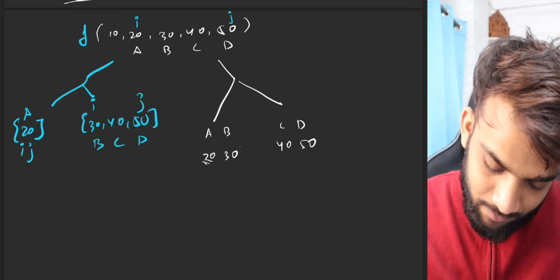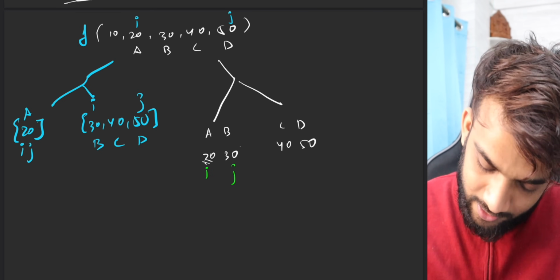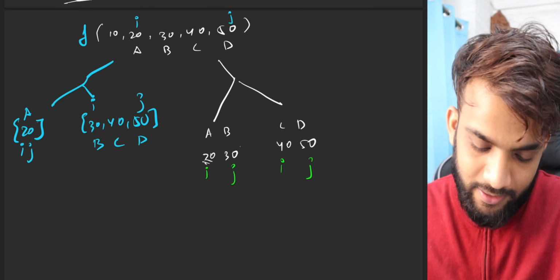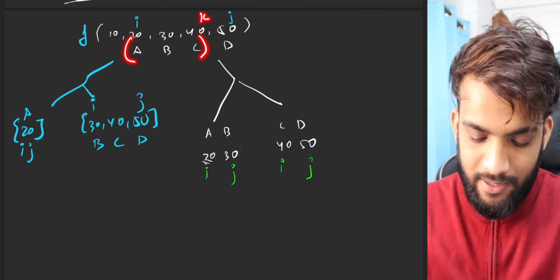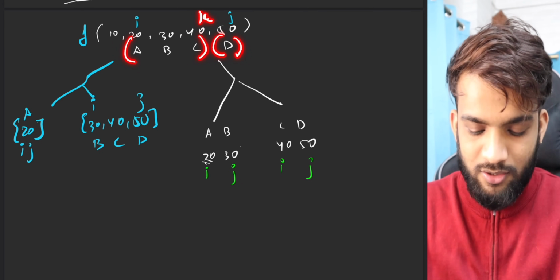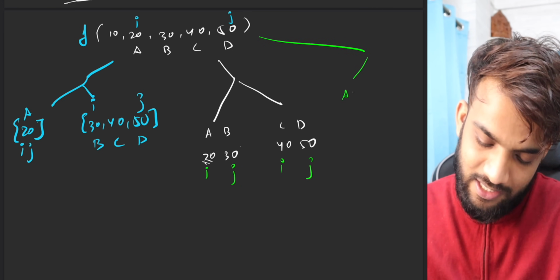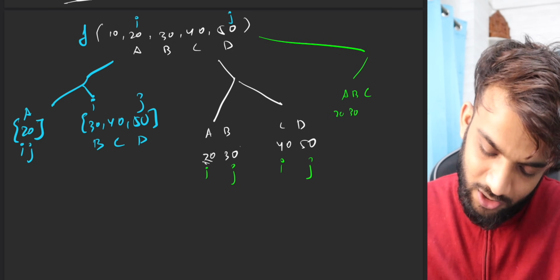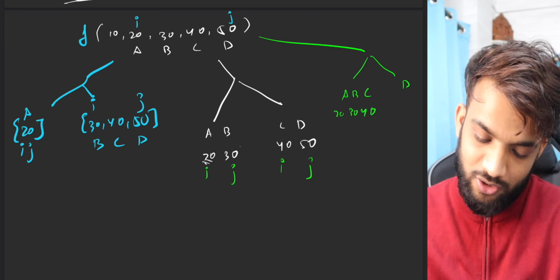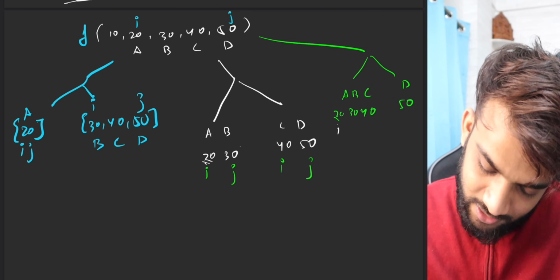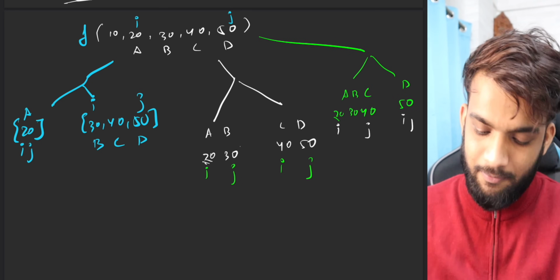And this time, this is I, and this is J, and this time, this is I, this is J. Or the other one can be K is here, thereby A, B, C, and D. So there can be another partition of a type which will be A, B, C, which is 20, 30, 40, and there's another thing D, which is 50. And this time, I is here, J is here, this time I is here, J is here. Perfect.